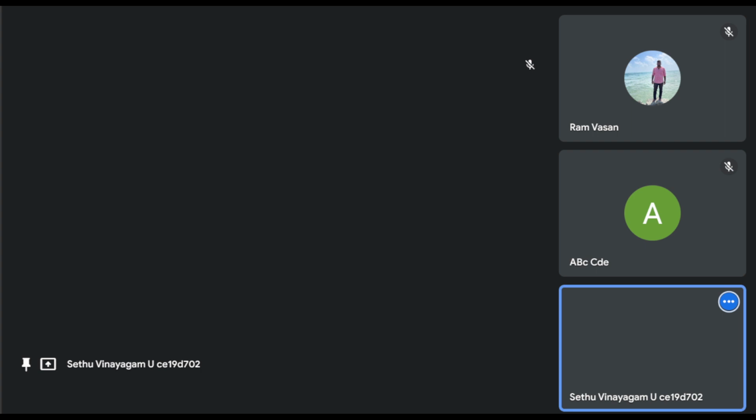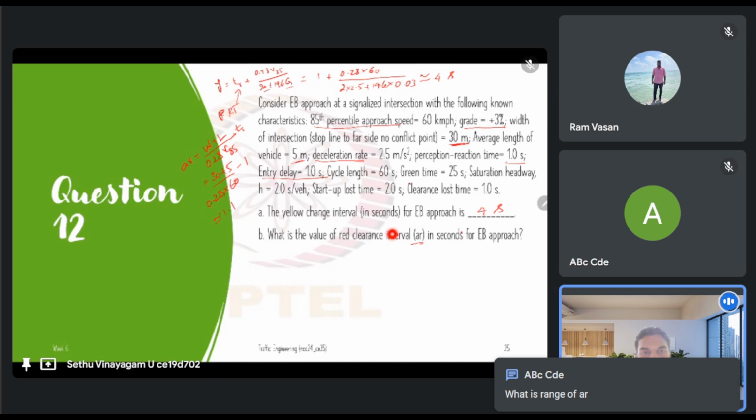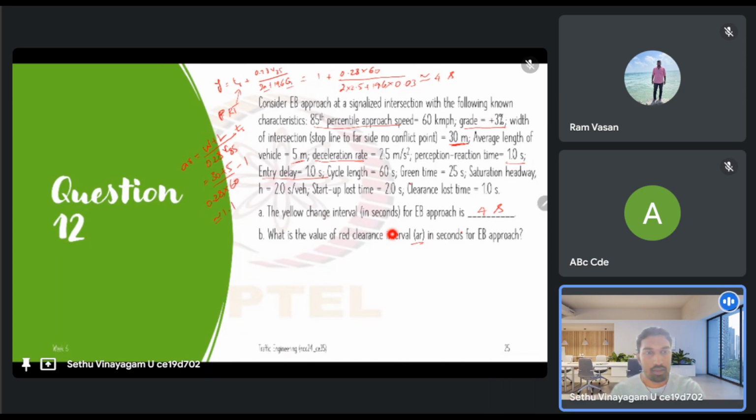So 30 plus 5 divided by 0.28 into V85, which is 60, minus the startup delay, the entry delay, which is 1 second. So this comes out to be approximately 1.09, and if you round it to one decimal, it will be 1.1.